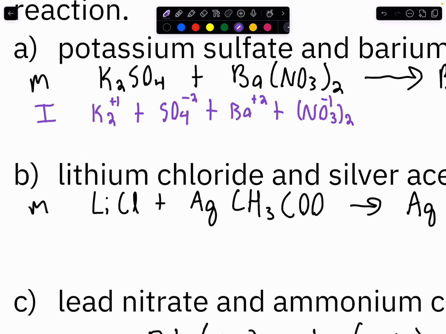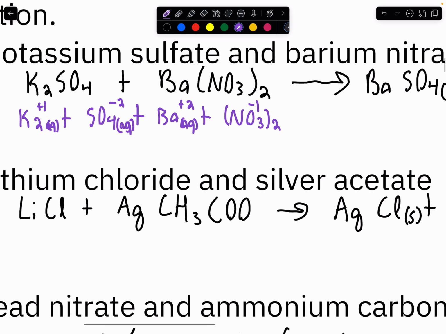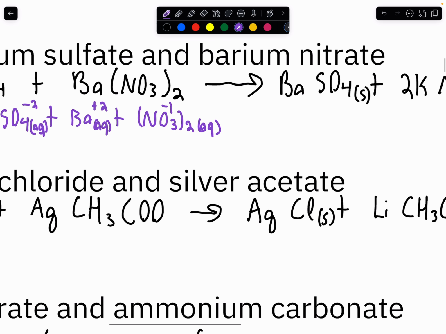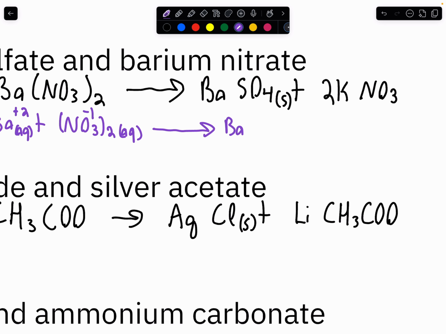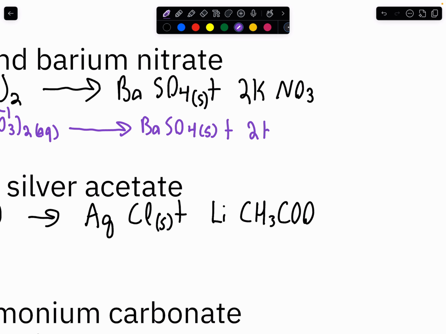All of these are aqueous. I'm going to label them all as aqueous. I know it's a little messy, my handwriting, forgive me. I hope you can see it clearer. But that's how we would put all of our reactant side. Then we'd know our barium sulfate is a solid, so we don't have to break it up, plus our 2K, which is also +1, plus our 2NO3, which is -1.